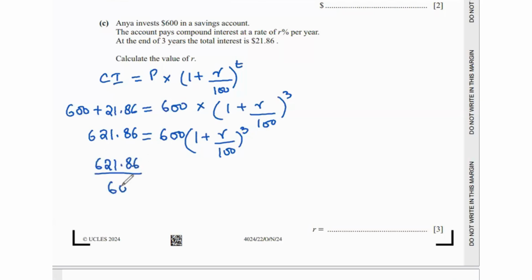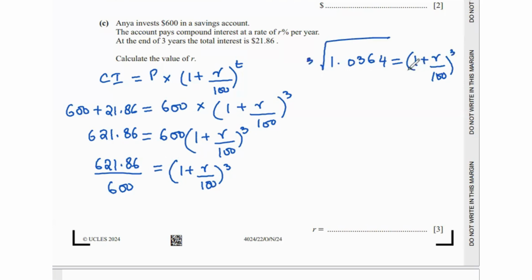621.86 over 600 equals 1 plus R over 100 to the power of 3, which is going to give us 1.0364 equals 1 plus R over 100 to the power of 3. Then we take the cube root on both sides.